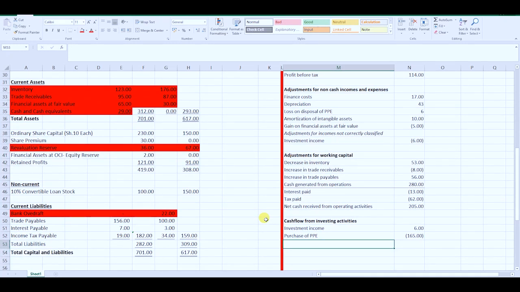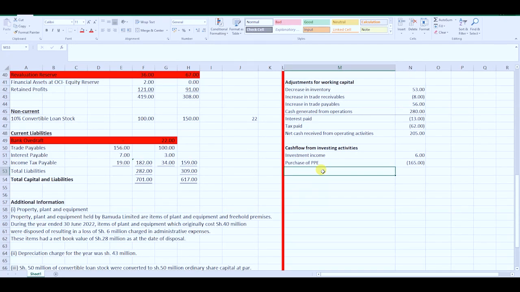We move ahead so that we can get either the purchase or sale of financial asset at other comprehensive income, OCI.